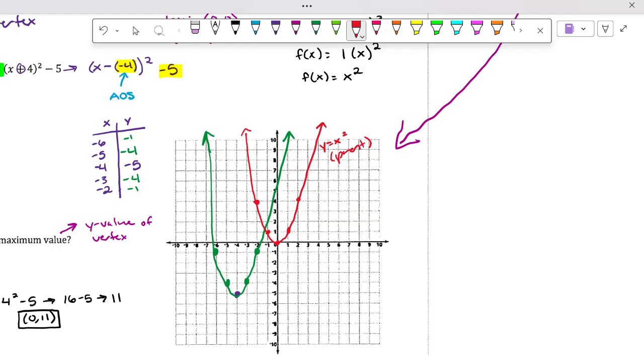So what does that leave us transformation-wise? Because we know it didn't rotate either. It's the only transformation I did not talk about: a translation. So in other words, it shifted. Do me a favor, figure out what my translation is. What's the shift? I would use the vertex as a point of reference. So go from the parent function vertex to the new vertex. Take a minute and try that on your own.